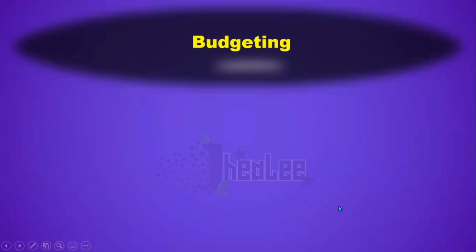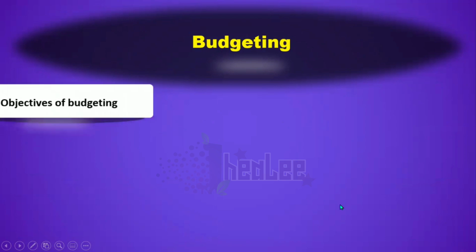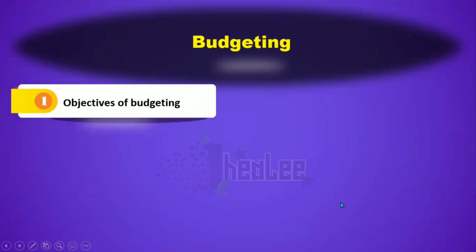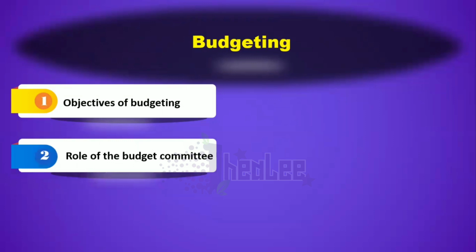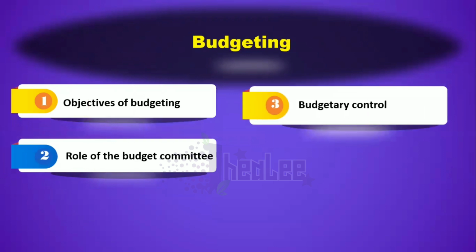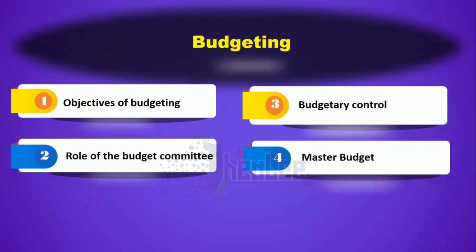And for budgeting, people, you need to ensure that you know the objectives of budgeting. And the objectives of budgeting basically are the importance of budgeting. Why is it that a business needs to do budgets? You need to know the role of the budget committee. You need to know budgetary control. And also, you need to be able to prepare a master budget.